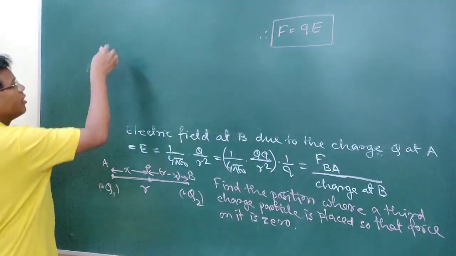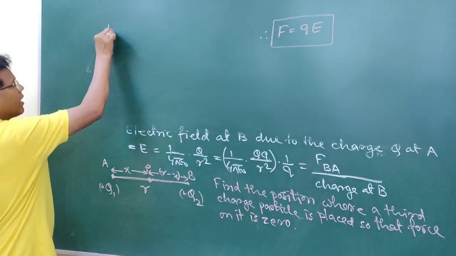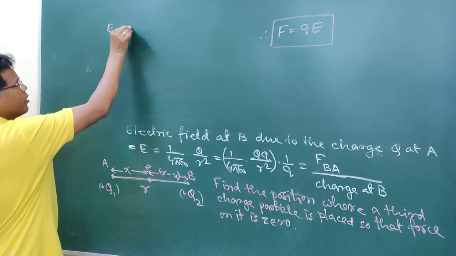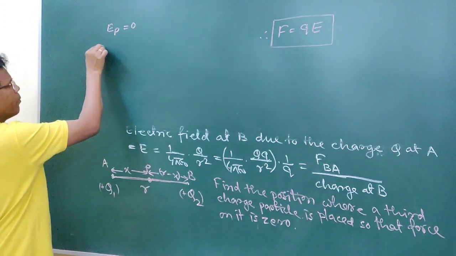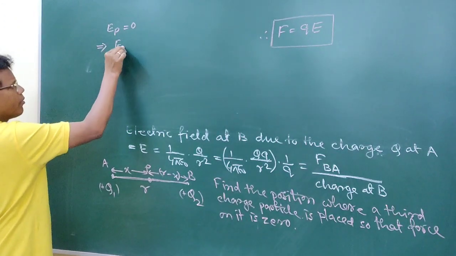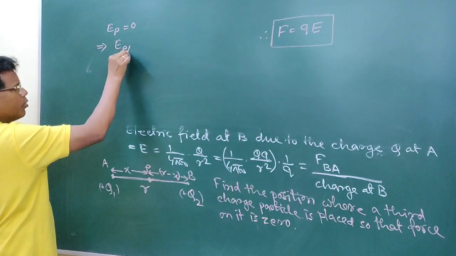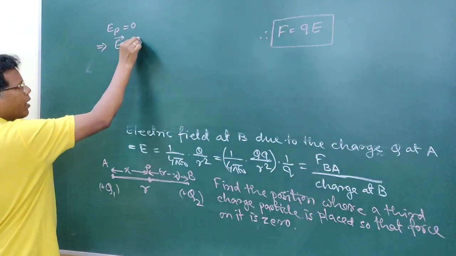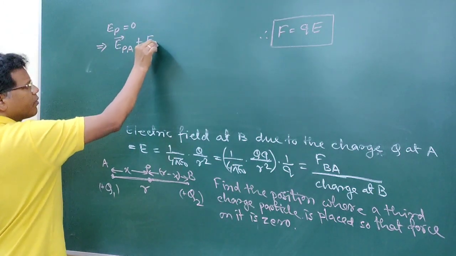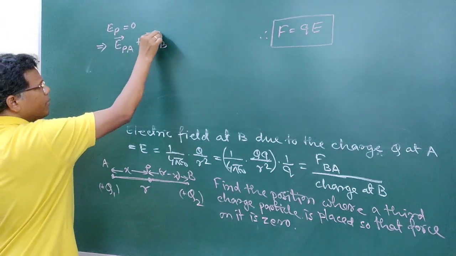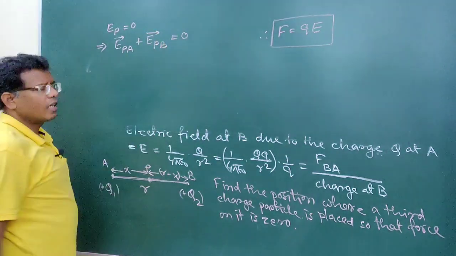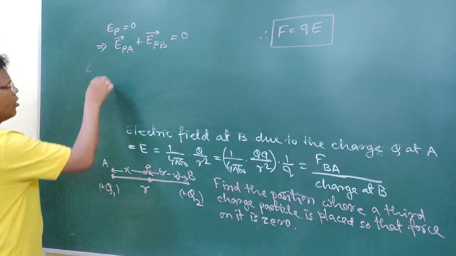Got my point? So electric field at P to be 0 means the vector sum of the electric field at P due to the charge at A plus the electric field at P due to the charge at B must be 0.